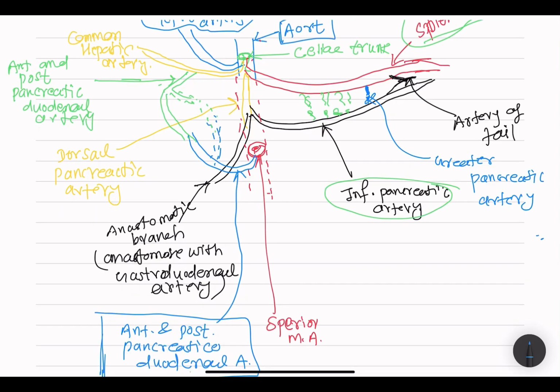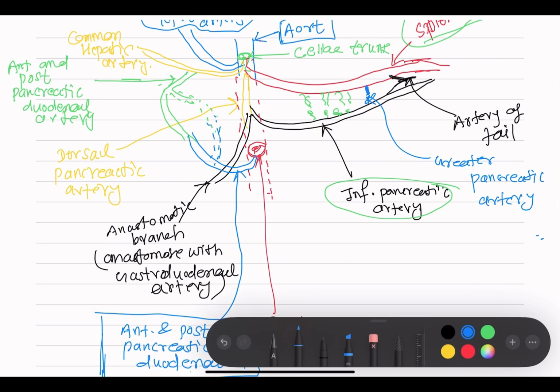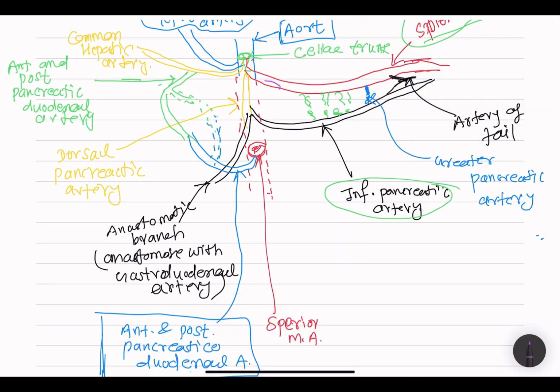So now I will draw the structure of pancreas. This one like this, the pancreas goes like this, and at the end there is the spleen, and where this pancreas tail is internal, it's called hilum of spleen.